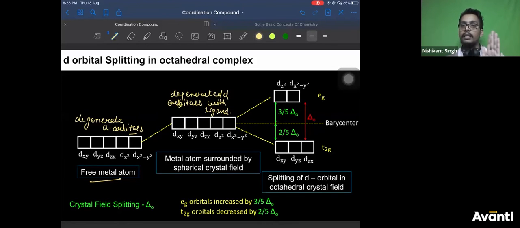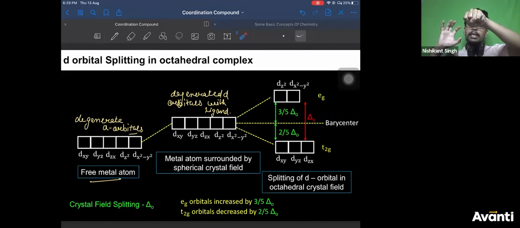Now you should ask, sir, why is splitting not happening? So I'll tell you. All 5 metal d orbitals have the same energy. The ligand is coming, so the metal has got the indication that the ligand is about to come. So its energy will slightly increase. Right? The ligand is still coming. Now, when the ligands come close, the repulsions are more.